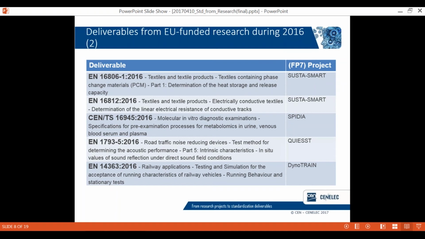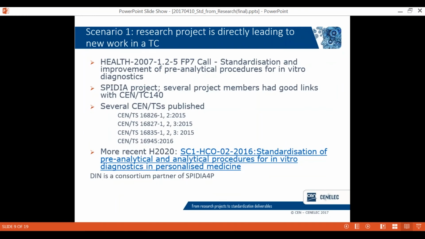So there are 5 scenarios. Here is the first scenario, a research project directly leading to a new work item in a TC. There was in this first scenario a clear indication from the start that the project would lead to standardization activities. It was clear from the example that the call was asking for standardization.